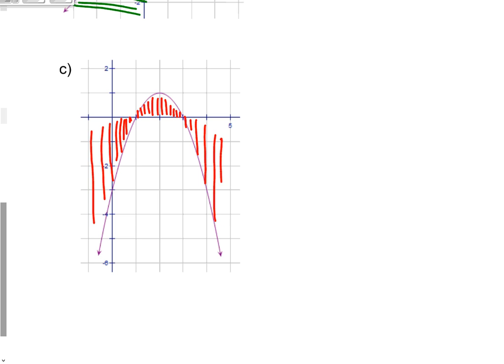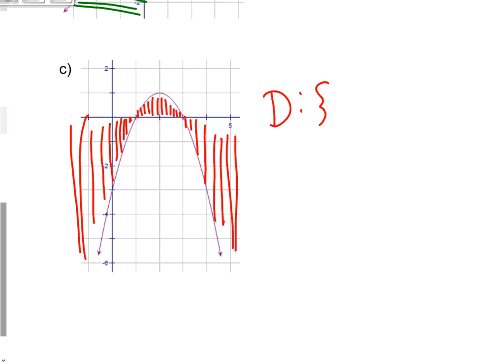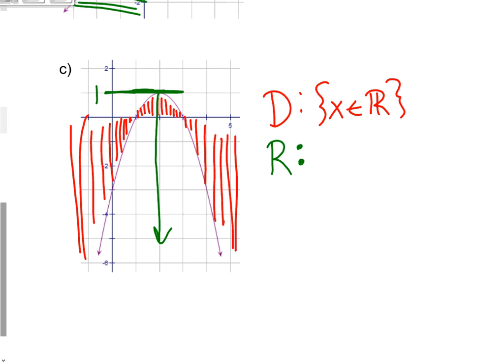And as we can see, it just goes on forever and ever in either direction, which means that my domain must be an element of the real number system. There is absolutely no limit to what this domain can be. But my range, on the other hand, is a little bit different, because notice the highest point of this graph is right here at 1. And then everything else with this graph is below it. So that graph opens down.